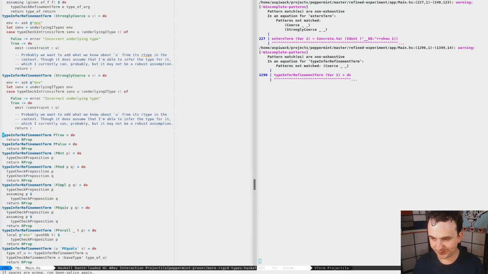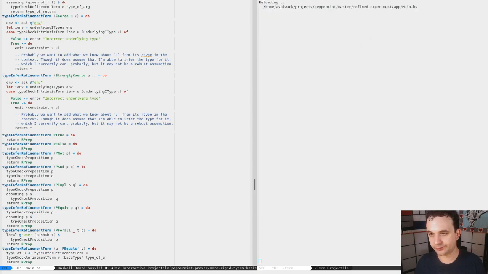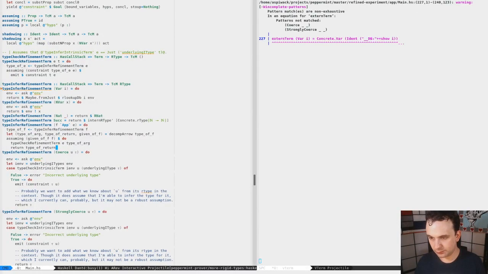We might want a special type checking algorithm for coerce that just checks that we're just stripping types away, or something.